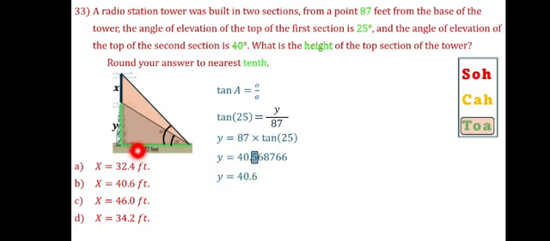This 40.6 is the height of the first section of the radio tower. But we need to know the height of the second part. To find it, we have to consider the entire triangle, the big one, with angle 40 degrees. This complete height I'm going to consider as z.